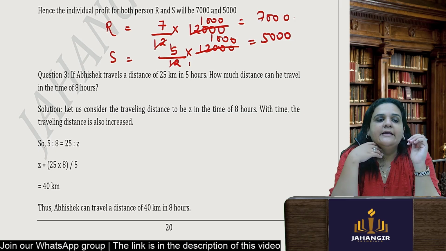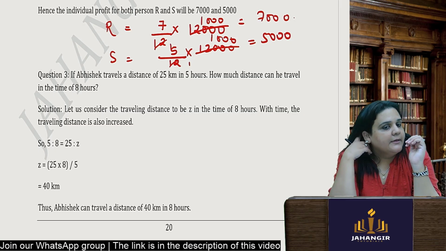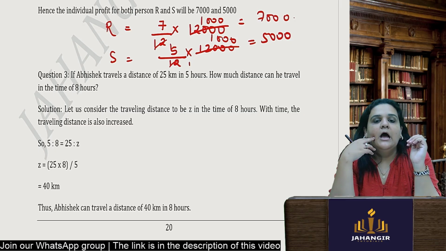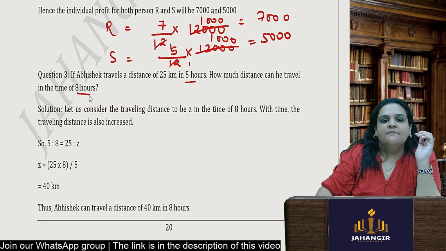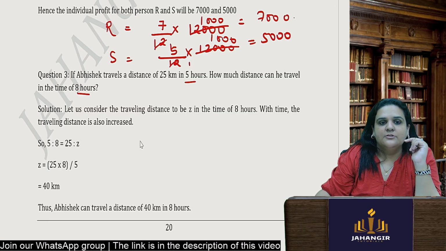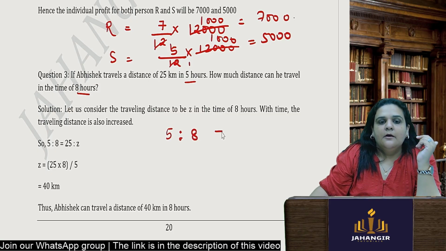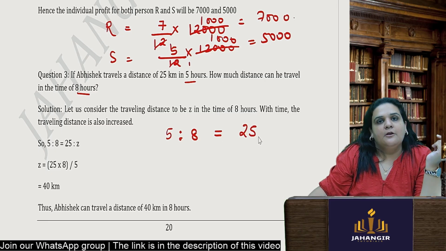Now if Abhishek is traveling a distance of 25 kilometers in 5 hours, how much distance can he travel in the time of 8 hours? Hours and hours is given. We have to find the kilometers. So one ratio is 5:8 hours. For 5 hours he's covering 25 kilometers. So in 8 hours is he going to cover how much? Say x.